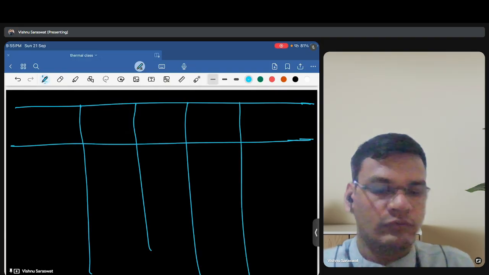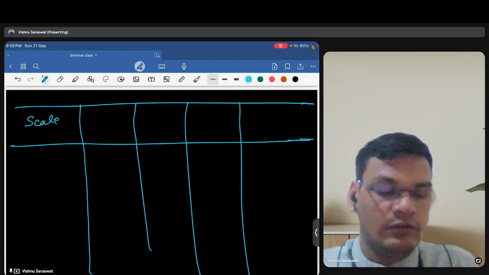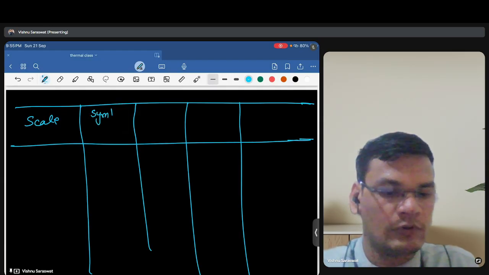Okay, so here we write down the scale. The second column is the symbol for each degree.